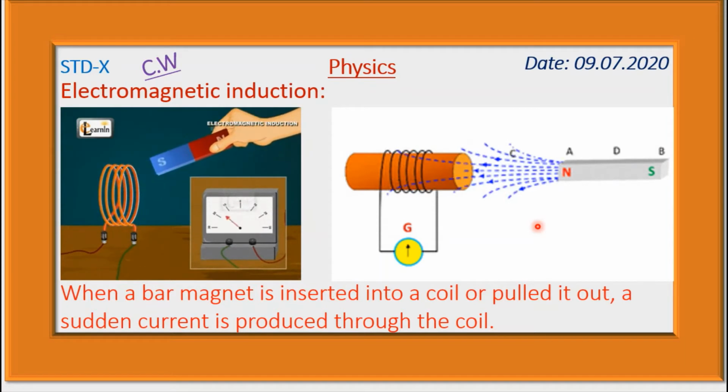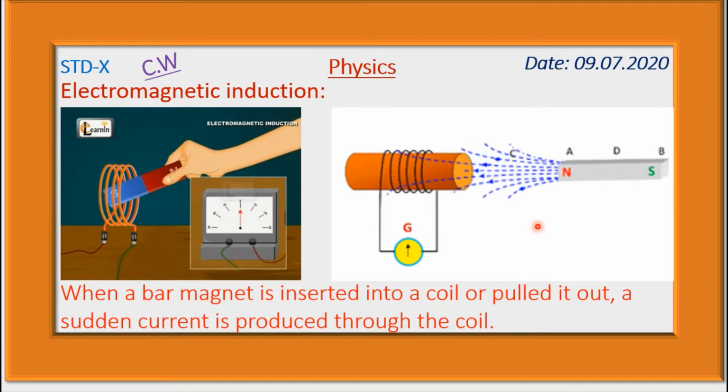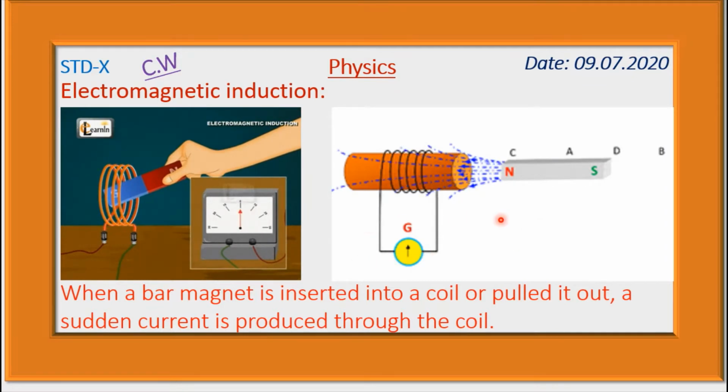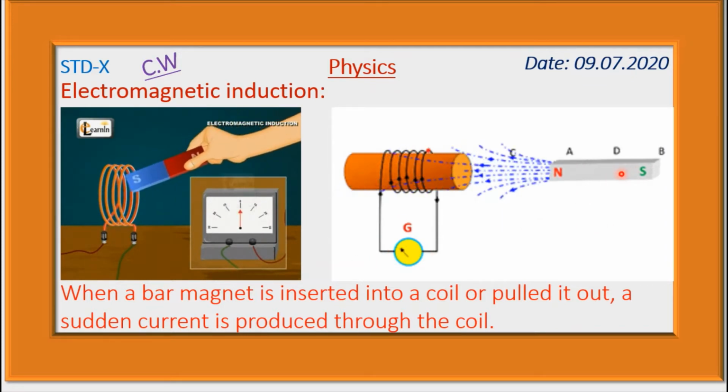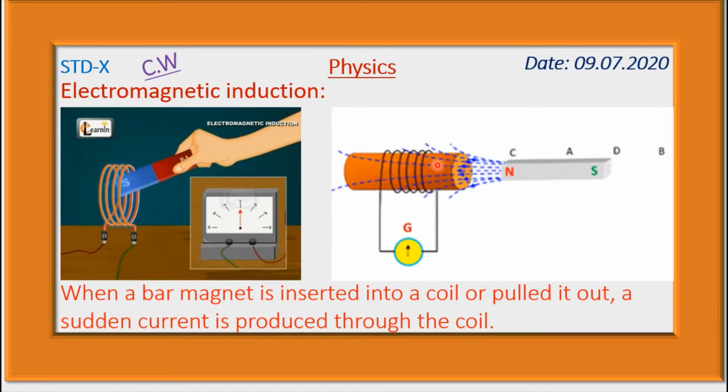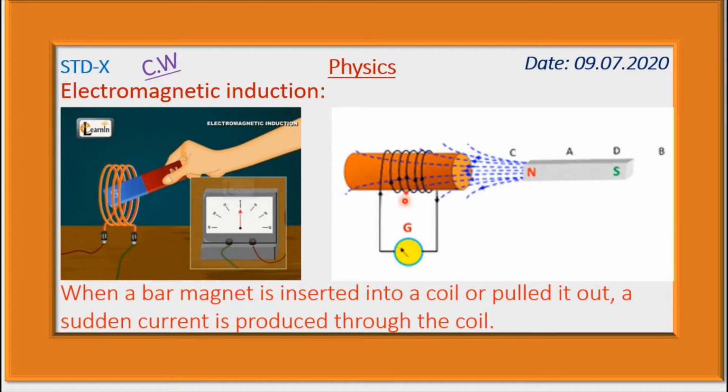From the second figure, we can understand what is the main cause of production of this induced current. When the bar magnet is brought near to this coil, then the magnetic flux or magnetic field through this coil is changed.